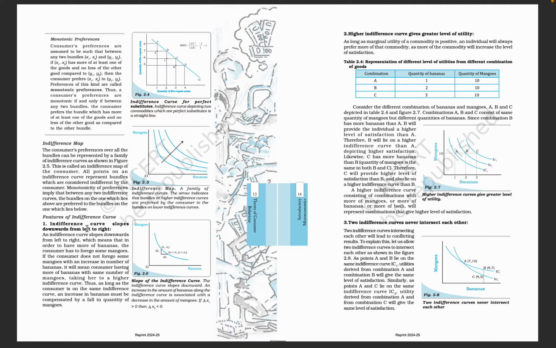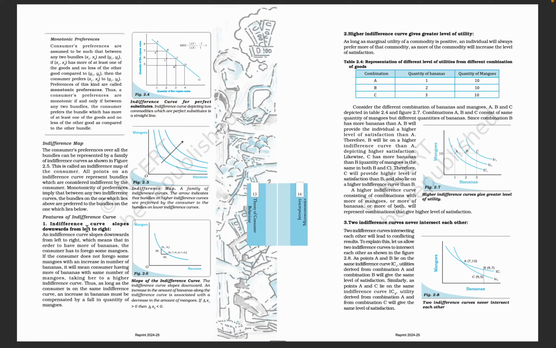Monotonic preferences. Consumers' preferences are assumed to be such that between any two bundles (x1, x2) and (y1, y2), if (x1, x2) has more of at least one of the goods and no less of the other good compared to (y1, y2), then the consumer prefers (x1, x2) to (y1, y2).